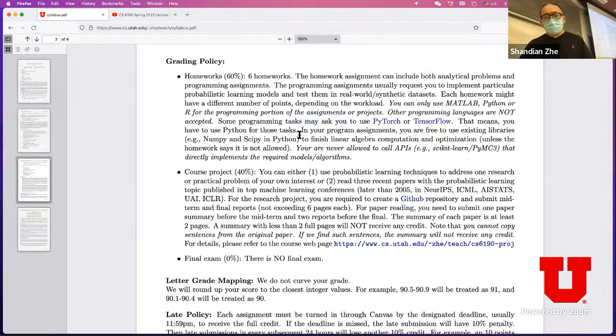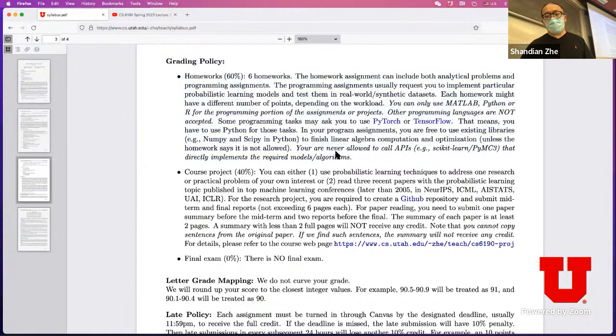And inevitably, in doing those programming assignments, you have to operate on matrices and vectors and do some numerical computation. Again, please fully leverage the existing numerical libraries like NumPy and SciPy in Python, or MATLAB and R. They internally support all kinds of matrix operations. Don't try to implement a matrix inversion by yourself.